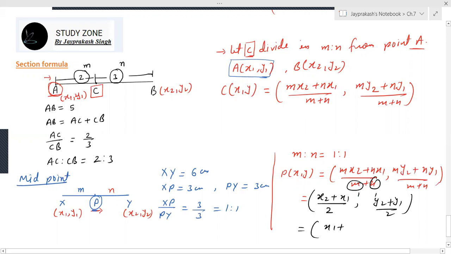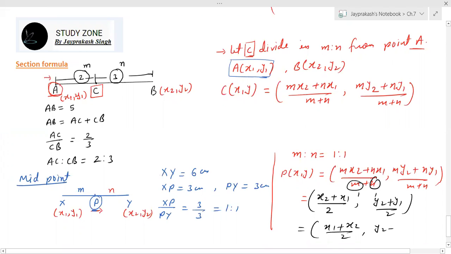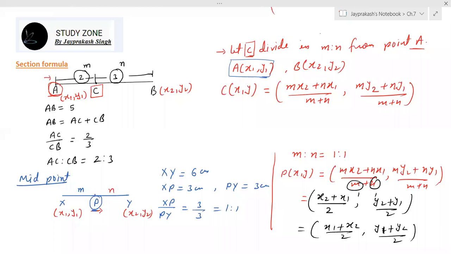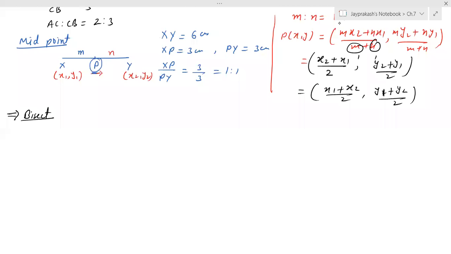So we can write here x1 plus x2 by 2, comma y1 plus y2 upon 2. So this one is the midpoint formula by using the section formula.